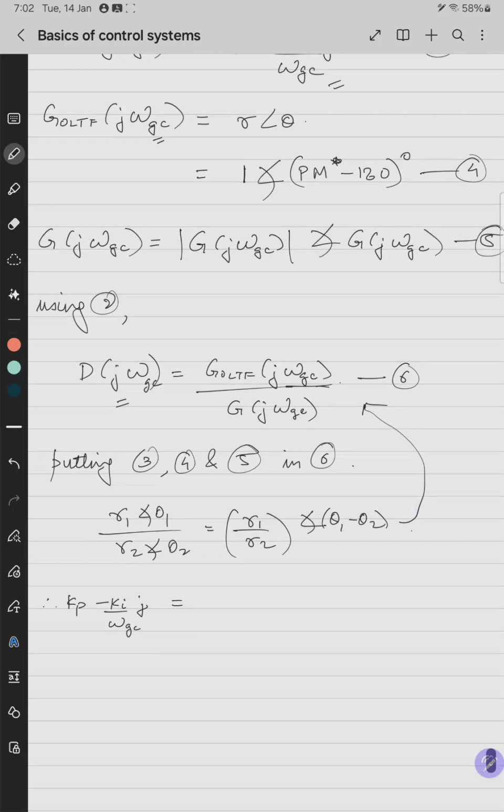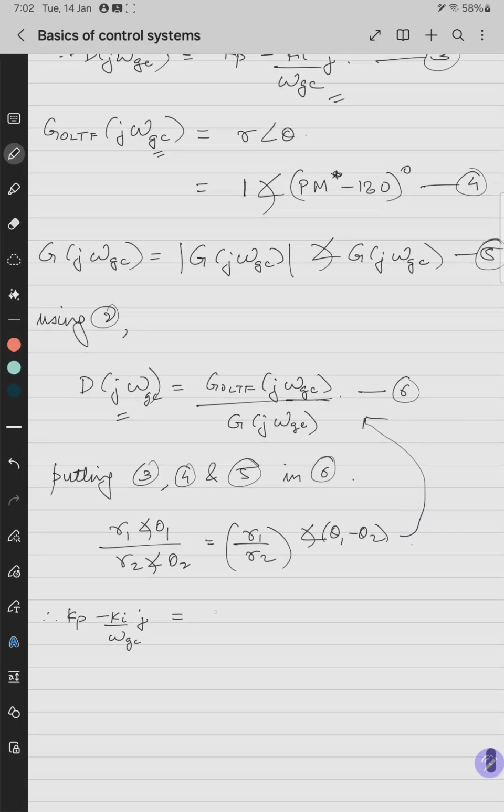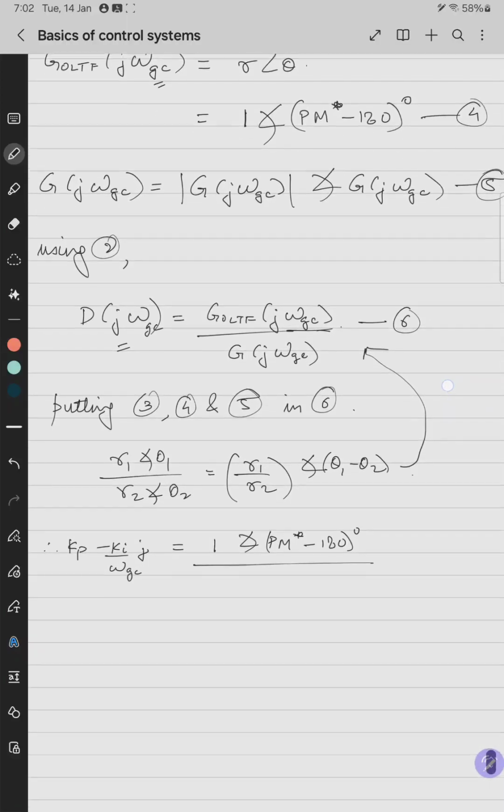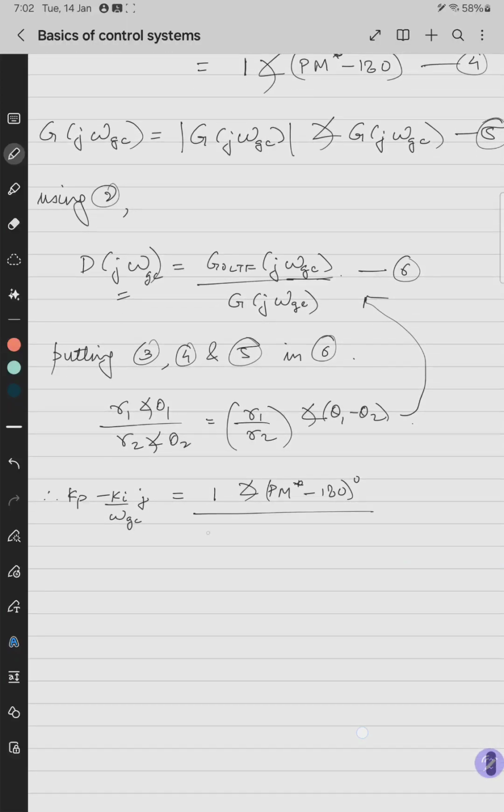What is G OLTF? 1 at an angle of PM star minus 180 degrees, divided by what is G? Mod of G of j omega gc at an angle of G of j omega gc.